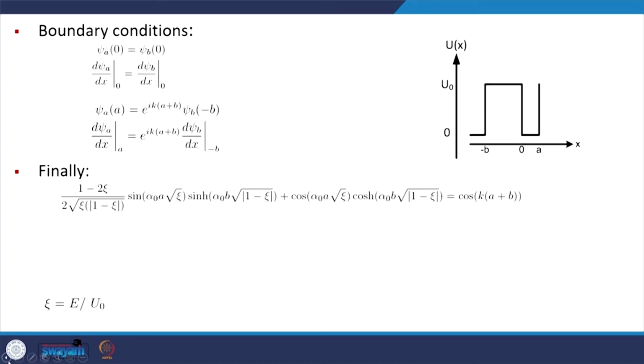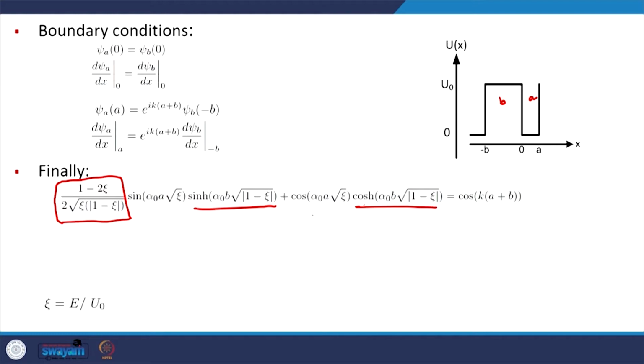As I told you in the previous class as well, by virtue of Bloch's theorem, we just need to solve the Schrodinger equation in one period of the potential in two regimes, regime A and regime B, and by using Bloch's theorem we could solve the Schrodinger equation, and finally this is the constraint that we came up with. On the left hand side we have a function with the parameter xi, and there are hyperbolic terms as well.